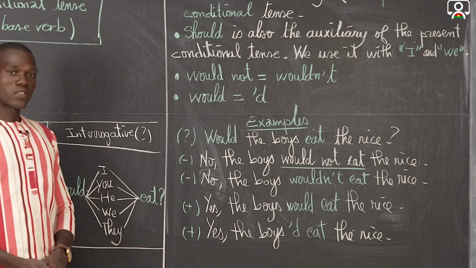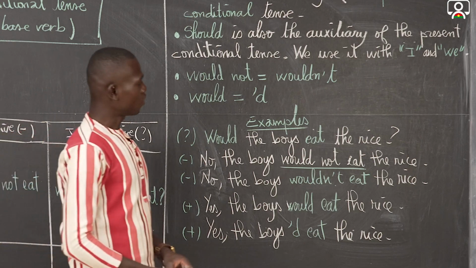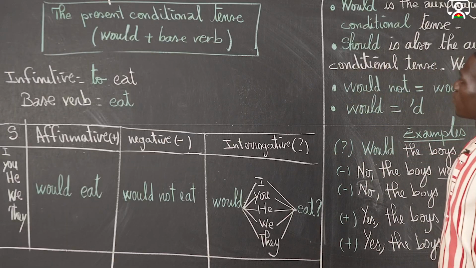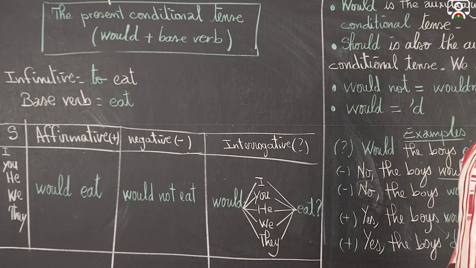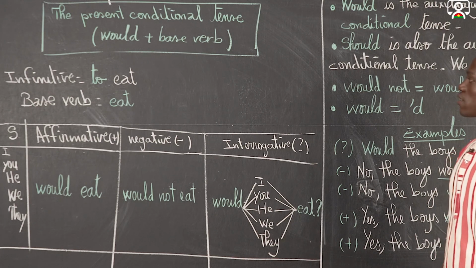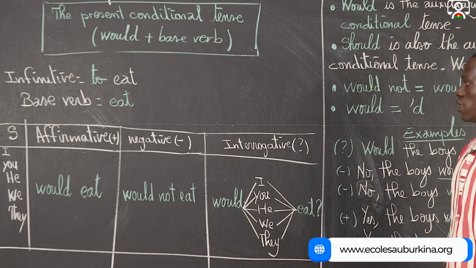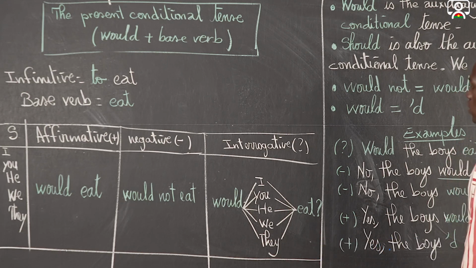And these examples mark the end of our lesson. Now, before closing, we are going to read the grammar points: the present conditional tense, would plus base verb. Infinitive, to eat, base verb, eat. Affirmative: I would eat, you would eat, he would eat, we would eat, they would eat.